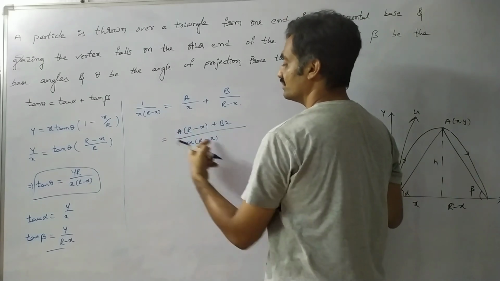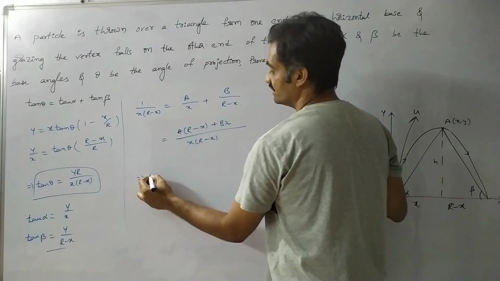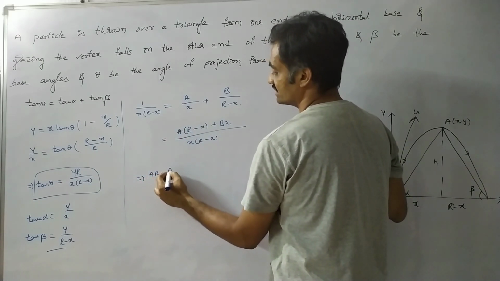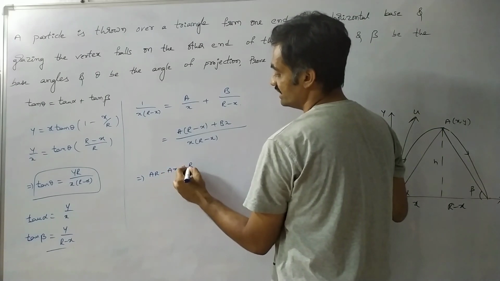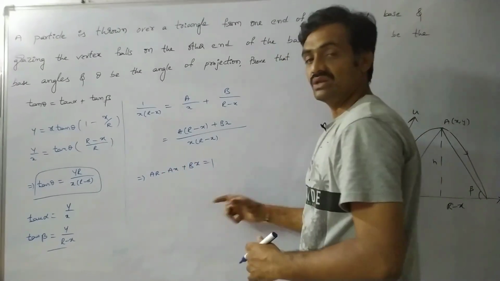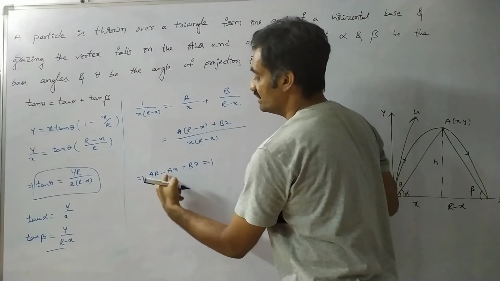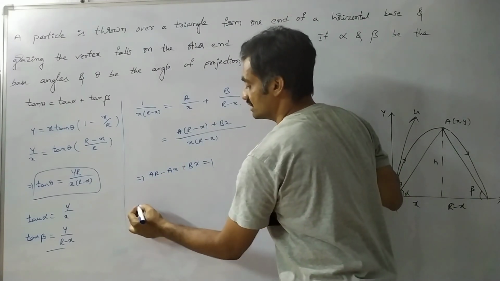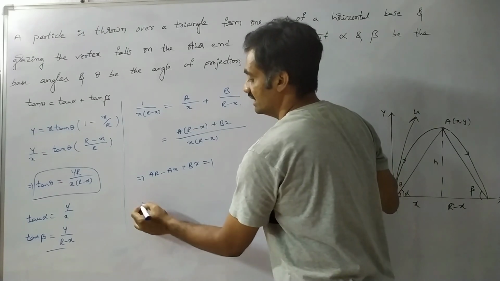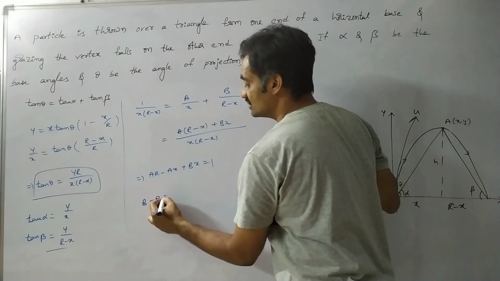The denominators cancel, and here we have ar minus ax plus bx equals 1, so b minus a equals 0.